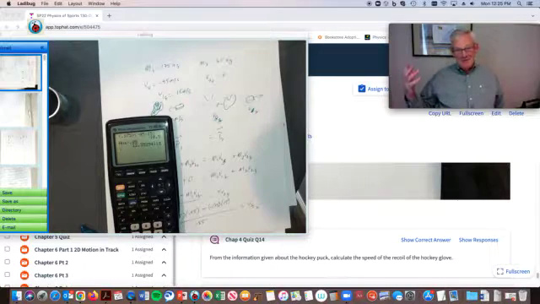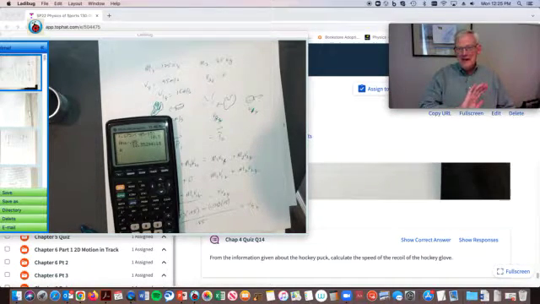Negative, because that 45 meters per second is getting close to 100 miles an hour. It's coming in at 100 miles an hour, bang, it hits that glove, and the glove recoils. Also, the glove is just lying there on the ice. There's not a body stopping it.